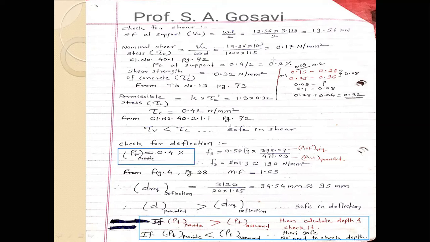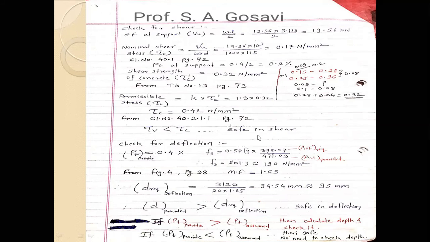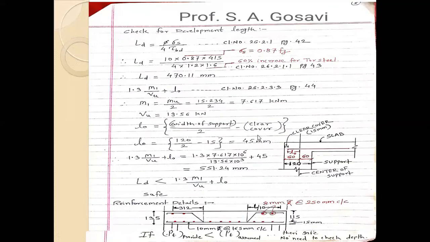Now, after this, we need to take the check for development. So next is the check for development. So the development length, you might be knowing that. Now suppose the junction is there. Suppose the beam and column are meeting at a point. That point we always call the junction.